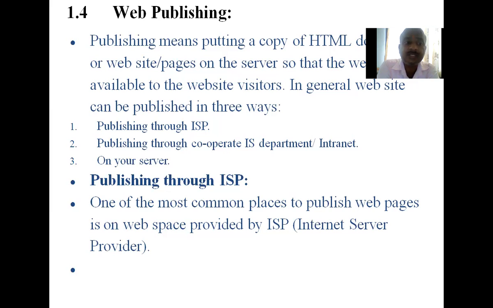In general, a website can be published in three ways: publishing through an ISP, publishing through a corporate department or intranet, and third, on your own server. We are going to see them one by one in detail.